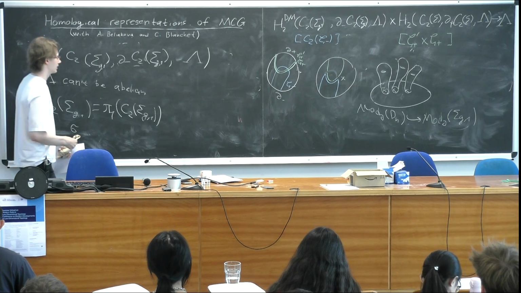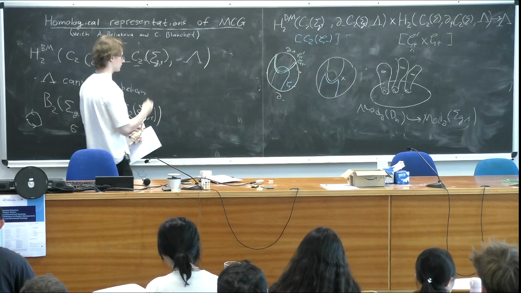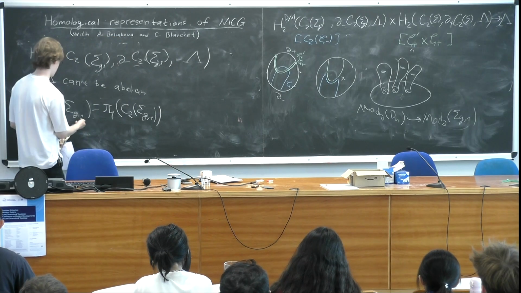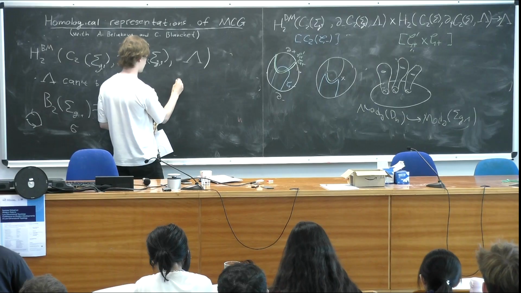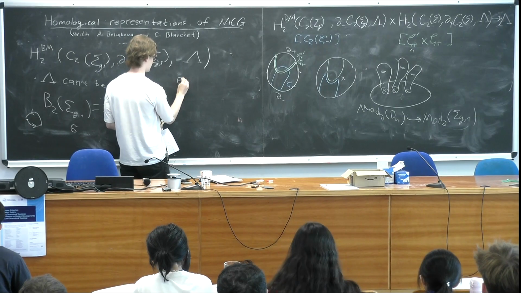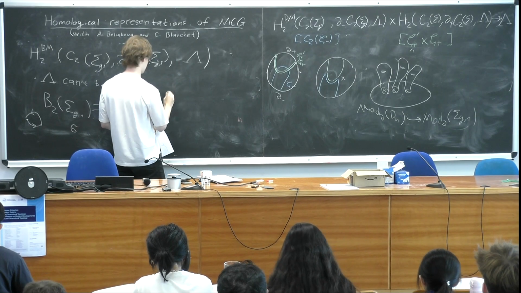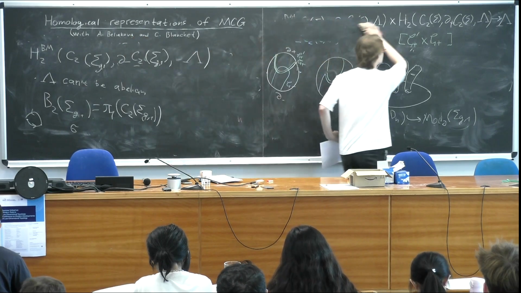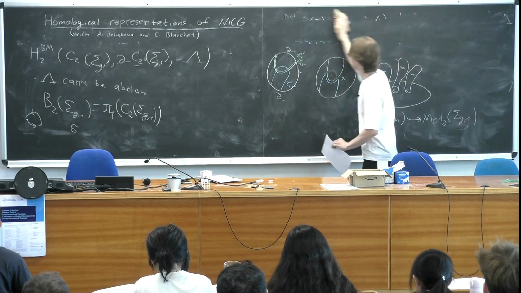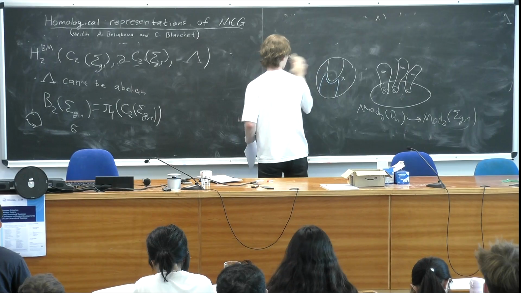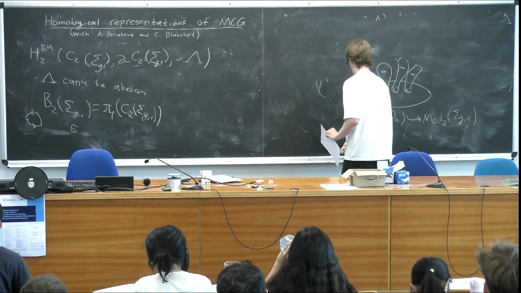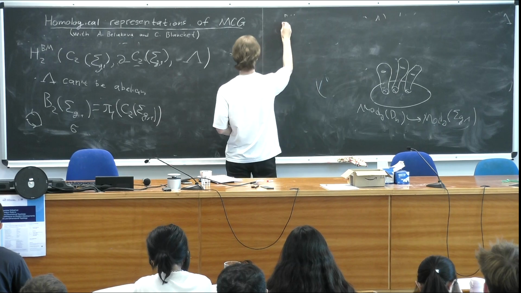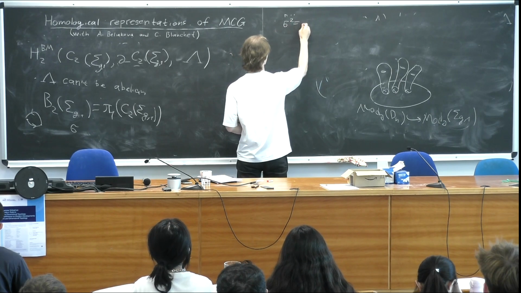And if you require the local system to be abelian, it automatically means that sigma square is equal to 1.